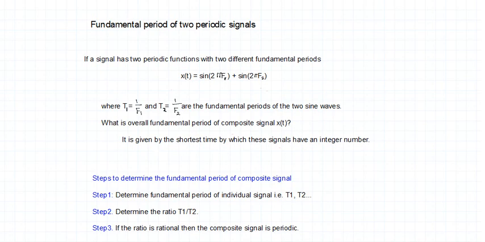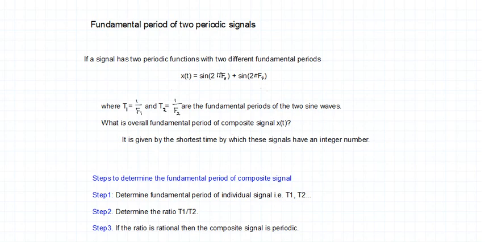So to understand it, to analyze it, we will formulate certain steps. If the problem involves two or more periodic signals, your step number one is to determine the fundamental period of the individual signals. So in step number one, you first of all calculate T1 and T2 of the given signal.